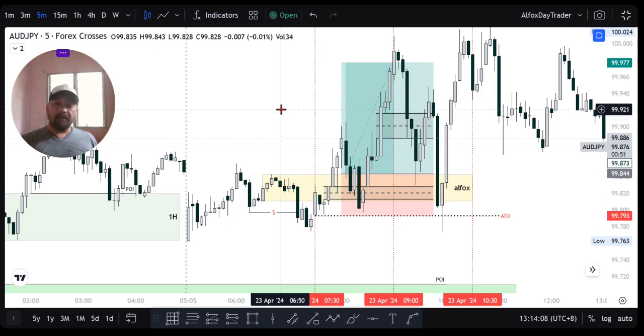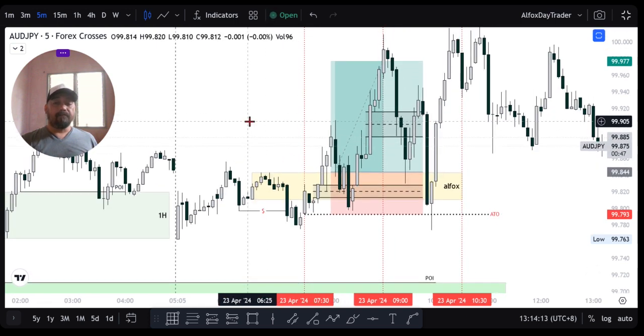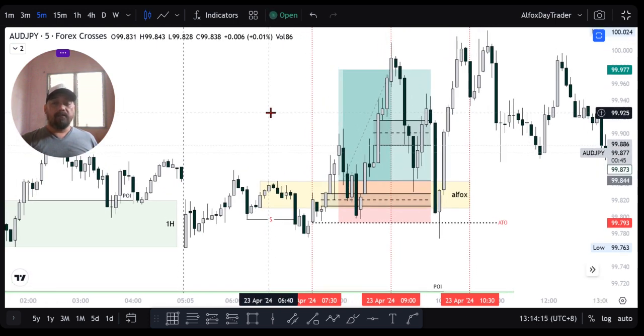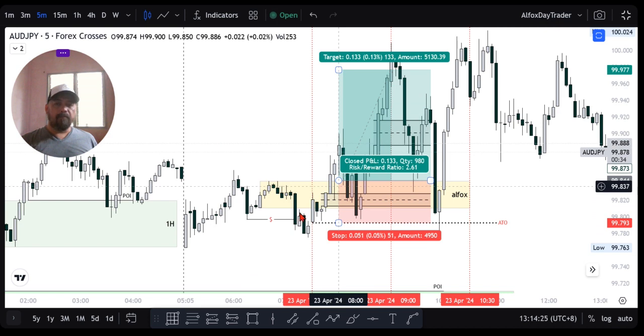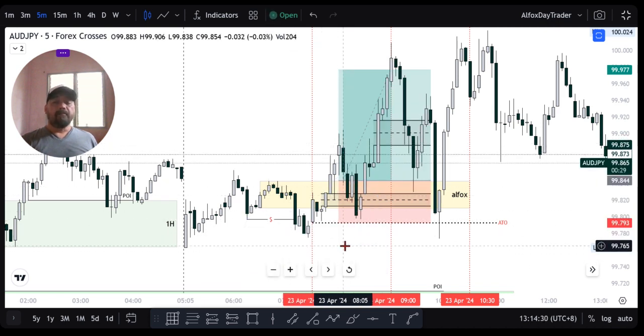Okay, I want to make it clear that once we press our buy limit order, all we have to do is watch and observe the price and let the price do its thing. We don't adjust our TP, we don't adjust our entry point, we don't adjust our stop loss.